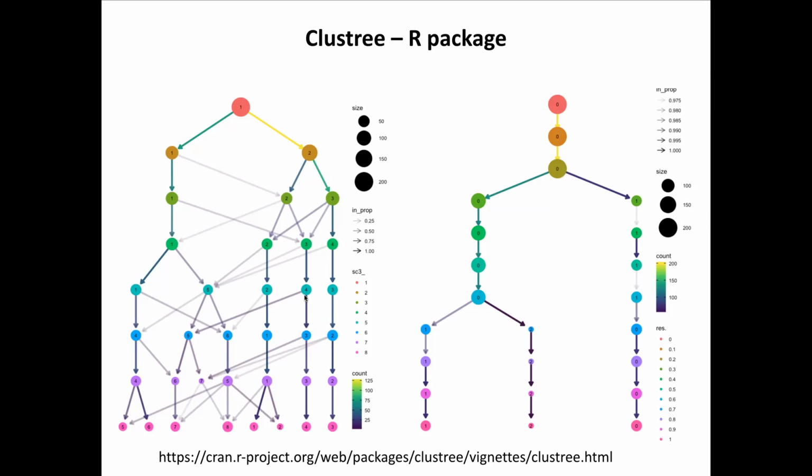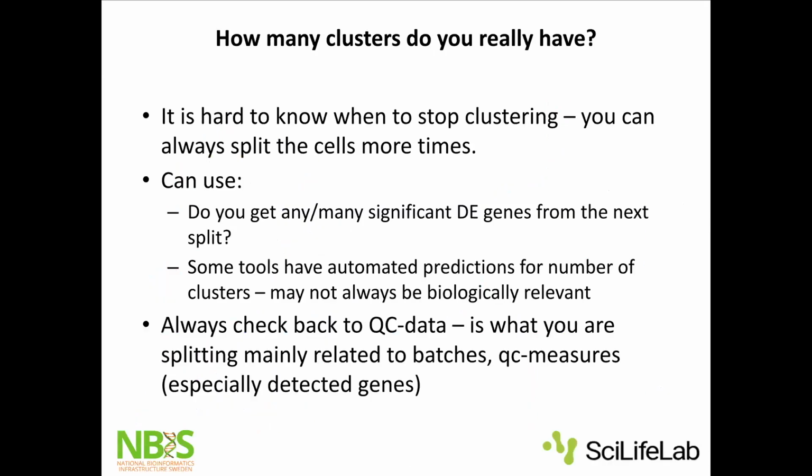So for instance, the cells that are in cluster 4 at this level end up either in cluster 3 or 5, together with cells from this cluster. So it's a good way to see what happens with your cells as you go down in resolution in your clustering. That can be a bit of a help to look at when this graph completely breaks up and cells are just moving back and forth. It's not a good idea to cluster more and split it into more and more small clusters.